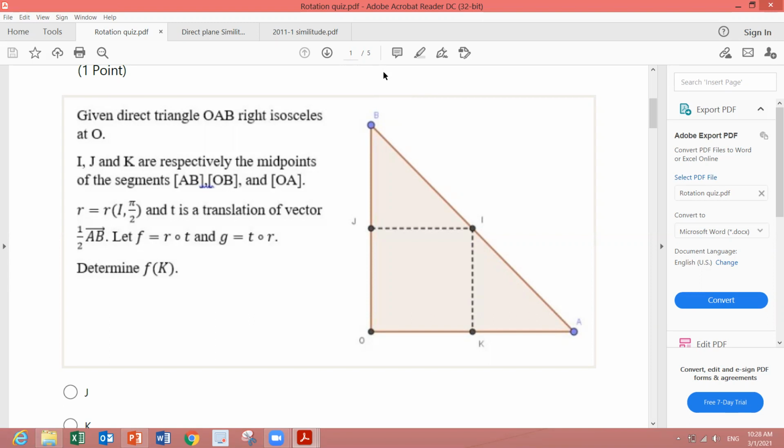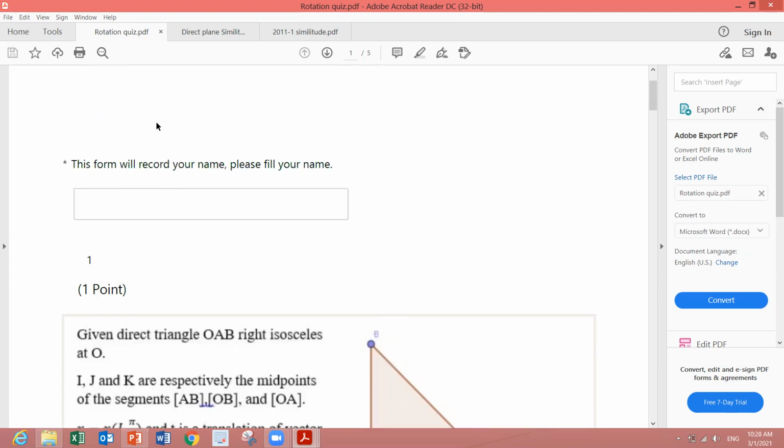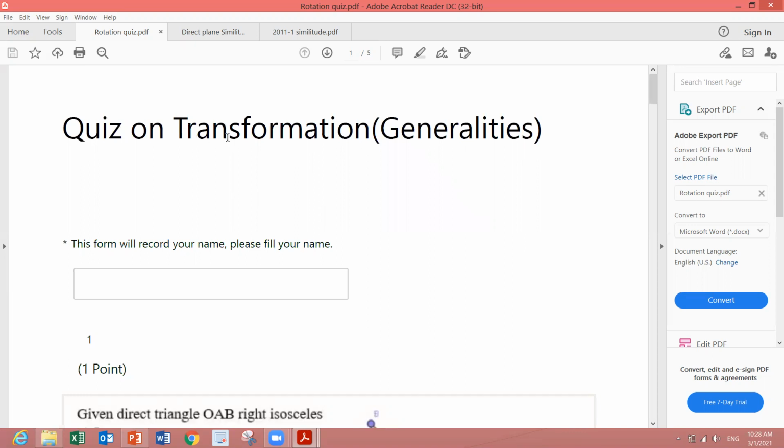انا راح اعمل واحد كويز دروب. اوكي هلا هون شو كويز اون ترانسفورميشن.